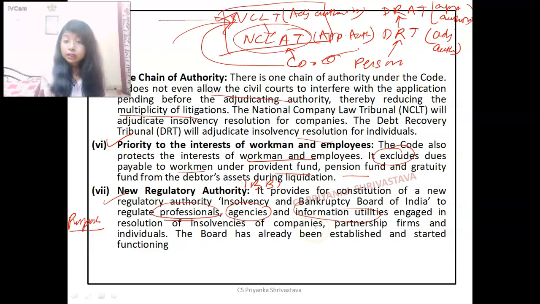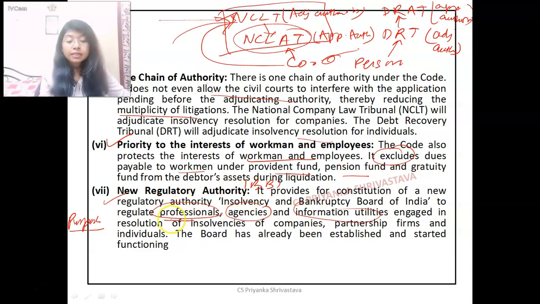These agencies are also regulated by IBBI. The information utilities are also made under this code, and their work is to collect and keep the records of the company and to provide this information to the professionals or other people who need it, with the purpose of reviving the company or knowing more about that insolvent company. This information utility has been made under IBC and is regulated by IBBI.